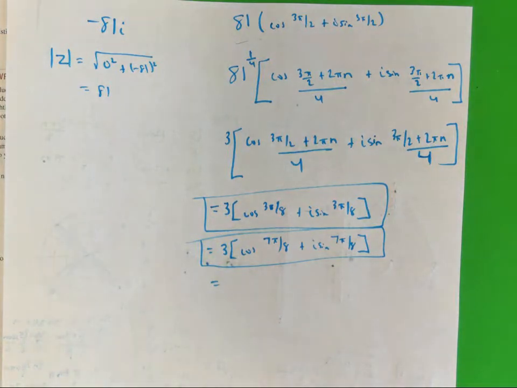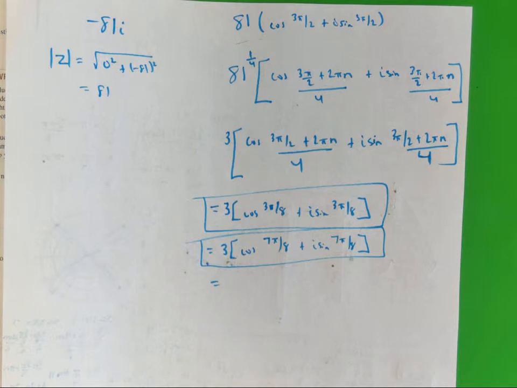Type in your calculator right now: 2 plus 3 over 2. Put it back as a fraction. What did you get? 7 pi over 2. Now divide it by 4. Alright. See how I got that?